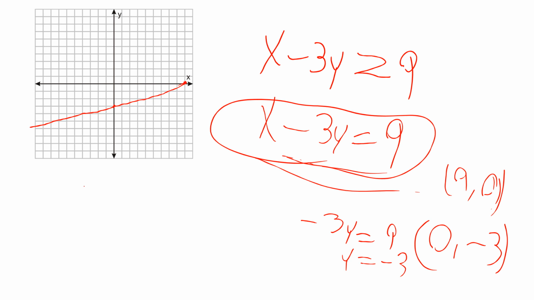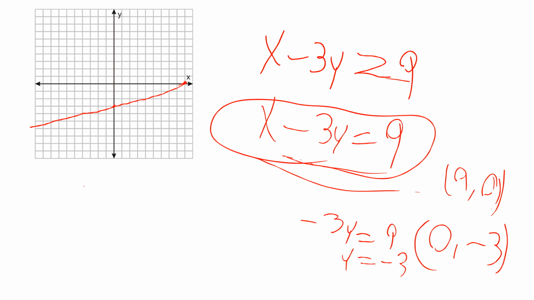So we have a line of the equation, and all of the points on this line satisfy the equation, but we also have a greater than. X minus 3y is greater than or equal to 9. So the line we drew satisfies it, but we have more.